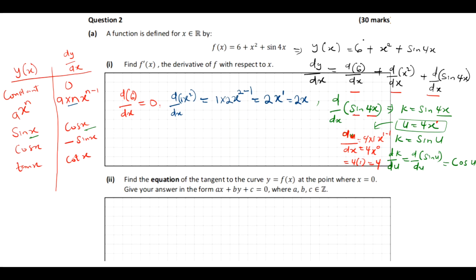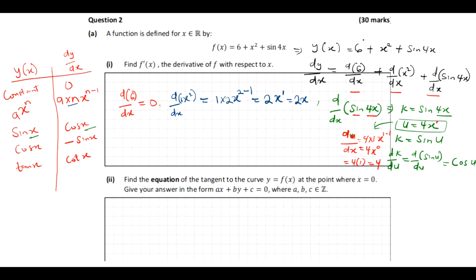And I've changed this 4x to U. I differentiate U with respect to x, I get 4. So multiplying dK dU by dU dx will give you the differential of sine 4x. So the differential of sine 4x is going to be 4 multiplied by cos U.